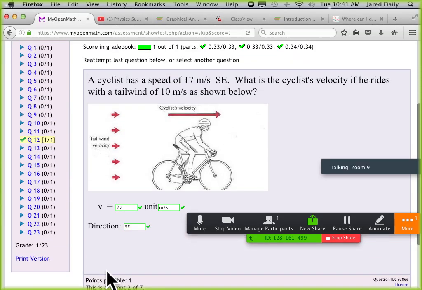Okay, so what did you put in for your answer? I just put 11 for the velocity because it had the unit and direction. So your question says the cyclist has a speed of what? 9 meters a second and the tailwind is 11 meters a second. Should I try to put in 20? So 9 and 11? Yeah, it should be 20. Yep, now it's right.